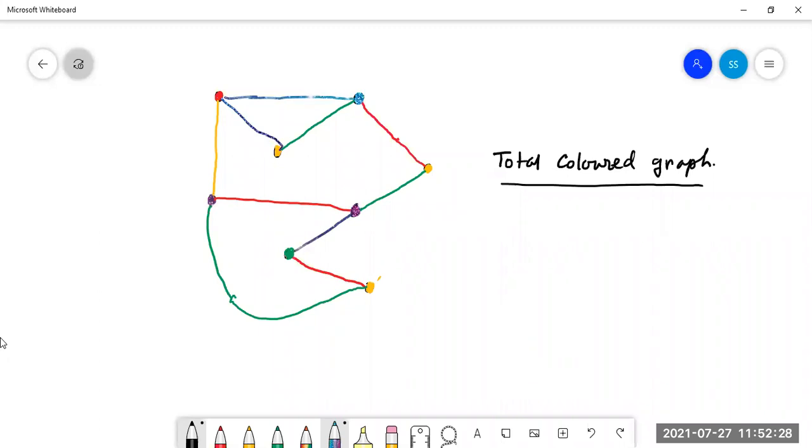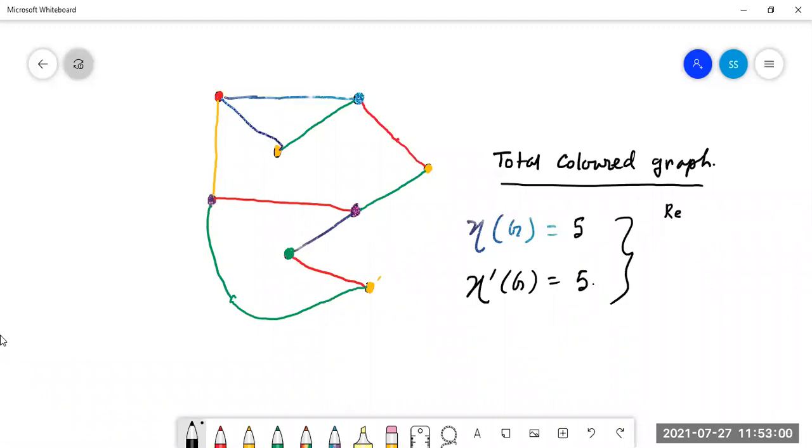So what is the chromatic number of this graph? What is the value of chi G? Five, na? What is the value of chi dash G? That is also 5, na?